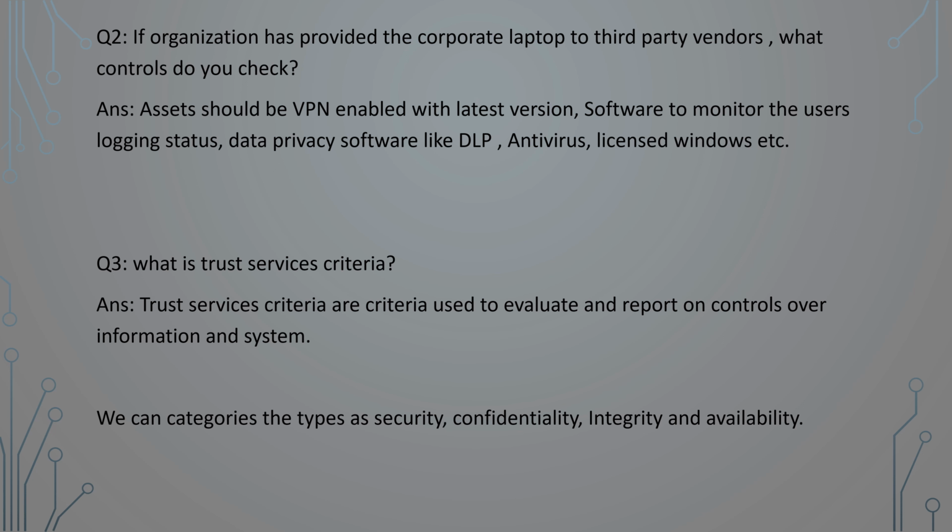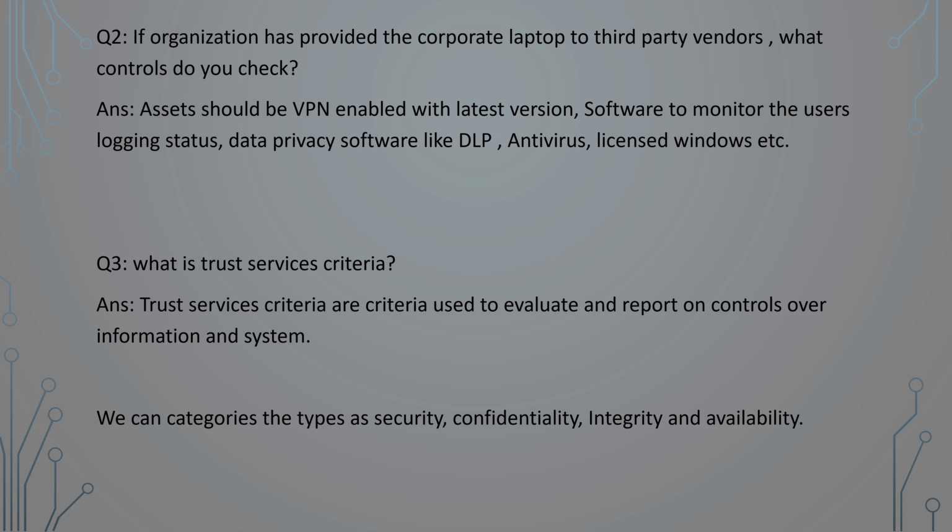The first one is VPN. The latest version of VPN should be enabled. Second, users' logging status. For example, at what time the user has logged off and at what time the user has logged in. Third is data privacy software like DLP.